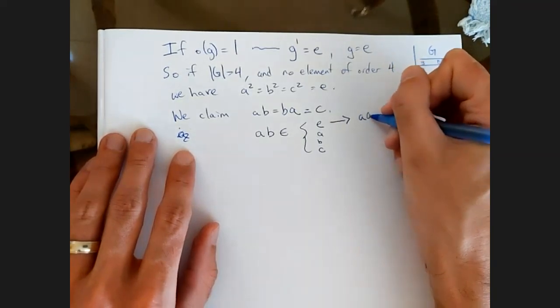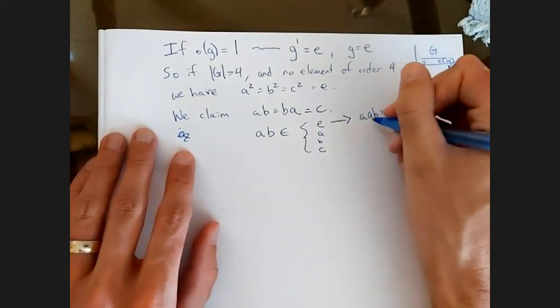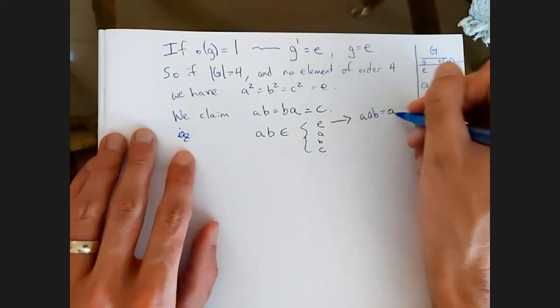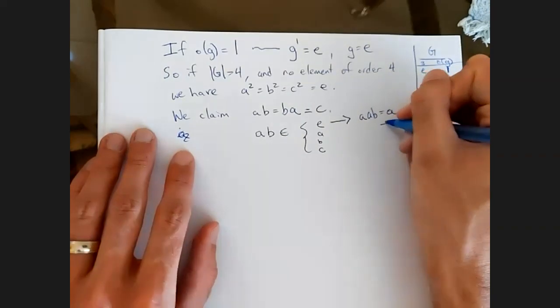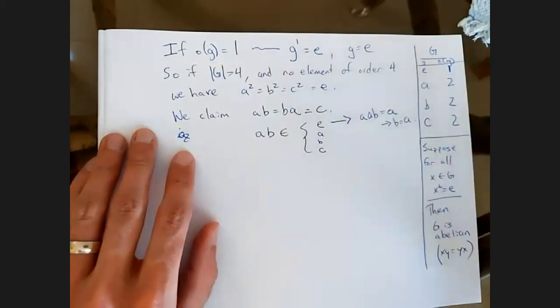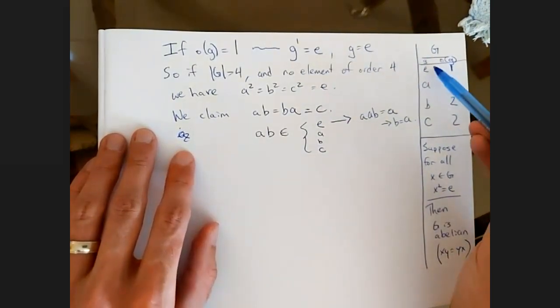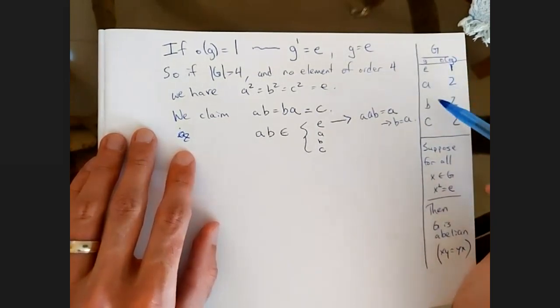Then we get b equals a, since a squared is also the identity. But I've written out the 4 elements of G. So if a and b are really the same, that means G would only have 3 or fewer elements.